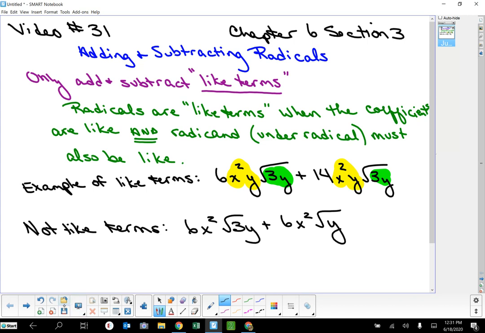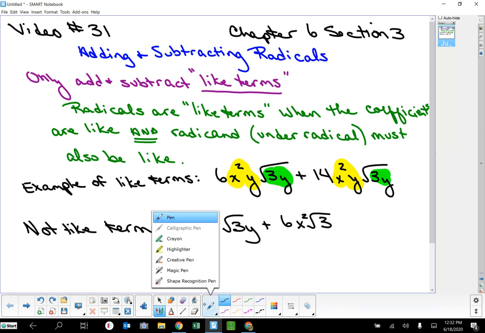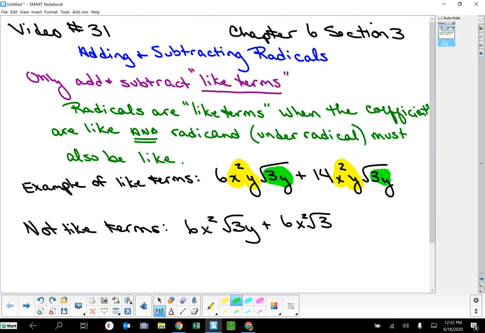Okay, so what's happening here, you have the same variable terms on the outside, but these are not the same underneath. And so you cannot combine these together.